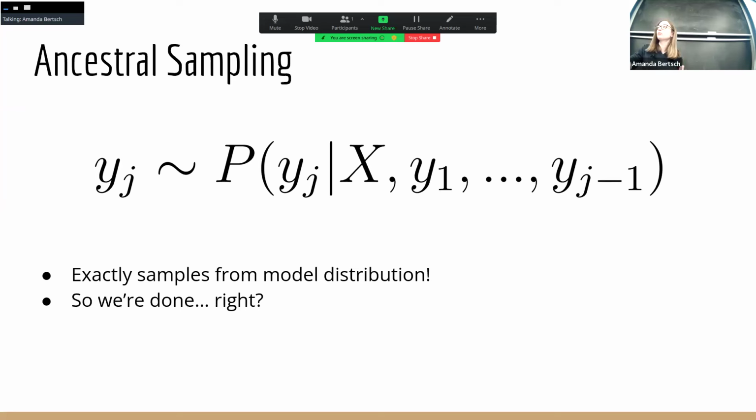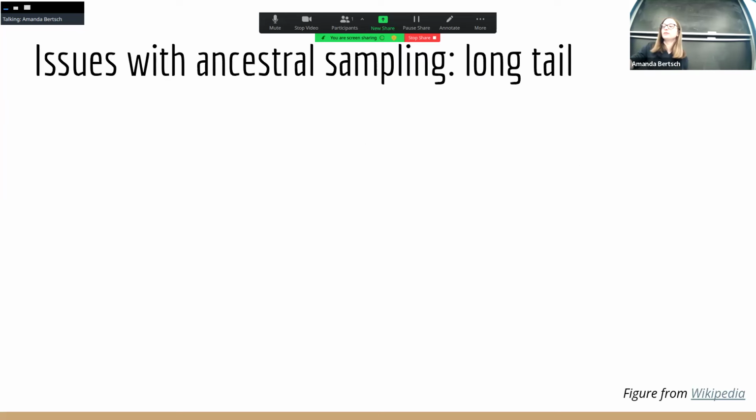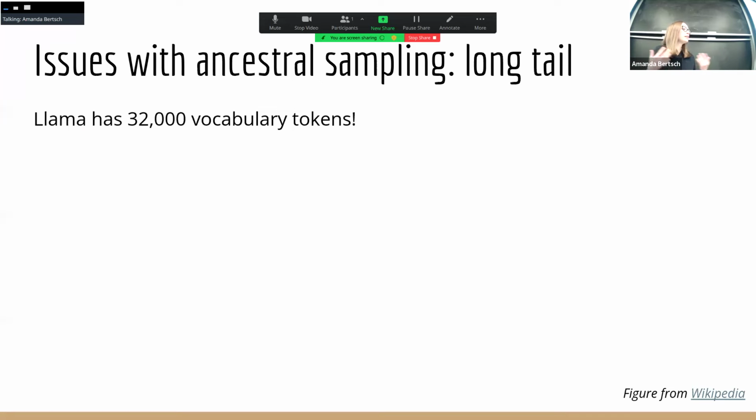There are actually a couple of problems with sampling directly from our model distribution. The one we're going to focus on first is this idea of a long tail. A model like Llama, and maybe our new model M, has 32,000 vocabulary tokens. Out of those, maybe 1 or even 2,000 are a reasonable next thing to predict for a really open-ended task.